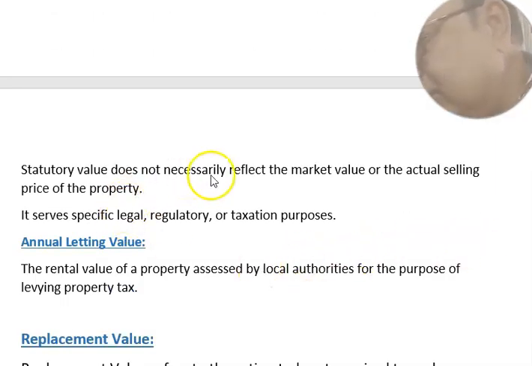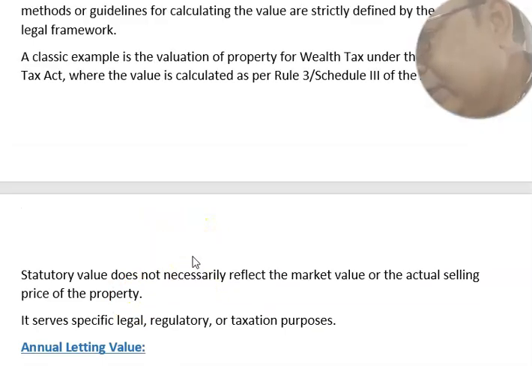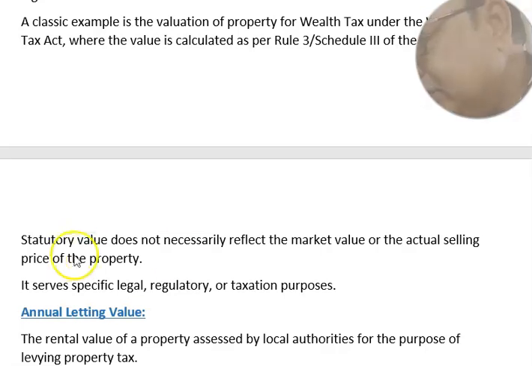Statutory value does not necessarily reflect the market value or actual selling price of property, because statutory value is calculated as per the legal provisions of the law. So it may not tally with the market value or actual selling value. That may be different due to specific values calculated as per the relevant department laws. It serves specific legal, regulatory, and taxation purposes.